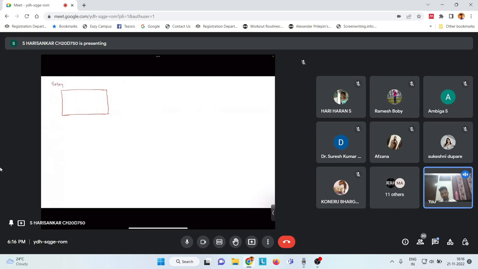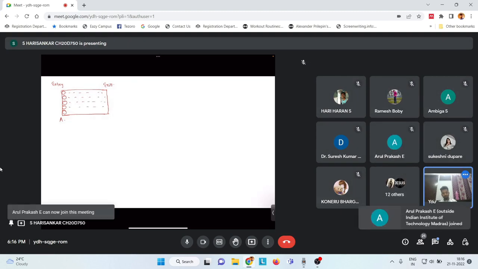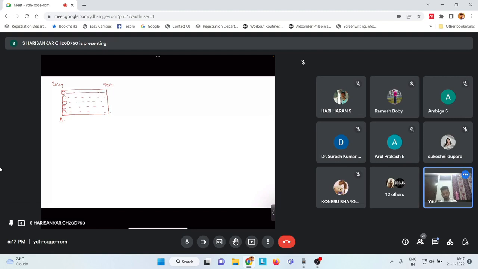Let's say we have 5 molecules of A just entering this reactor. In an ideal PFR, all these molecules that enter at the same time will exit at the same time. That is one of the ideal PFR assumptions.